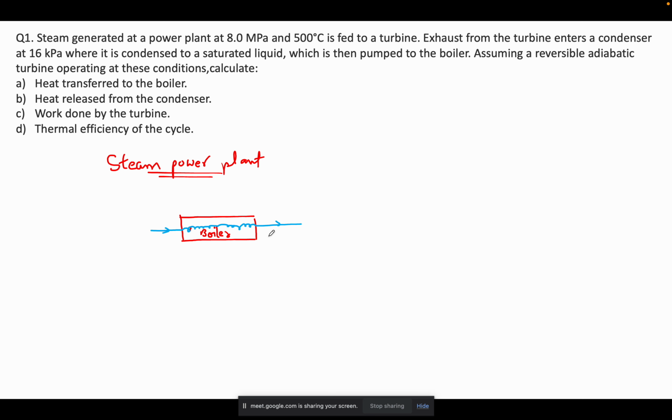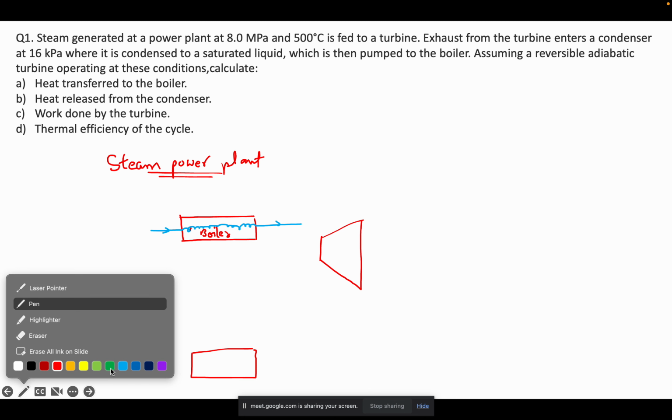After it gets converted into steam, in the next step it enters a turbine and undergoes expansion in that turbine. After that it will meet a condenser where it will release the heat.